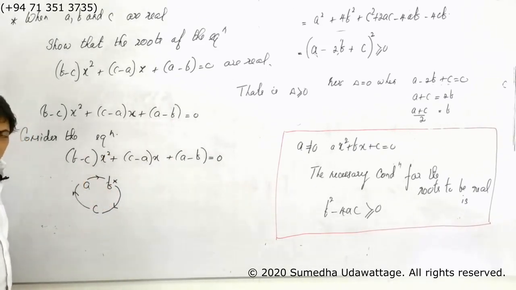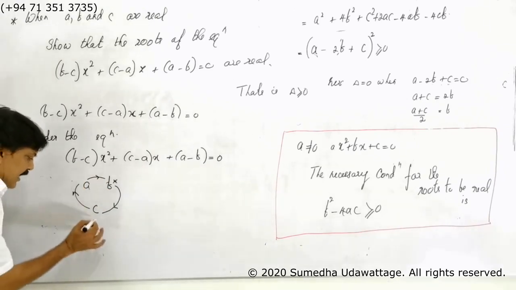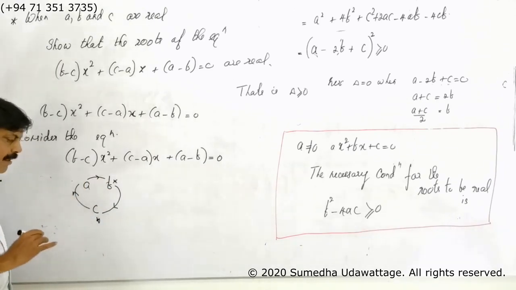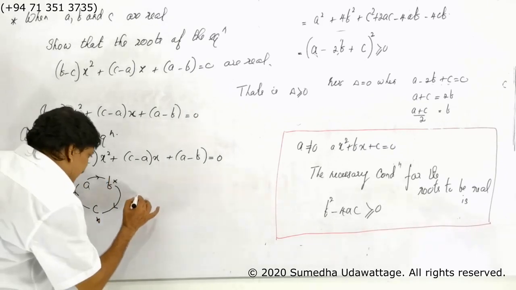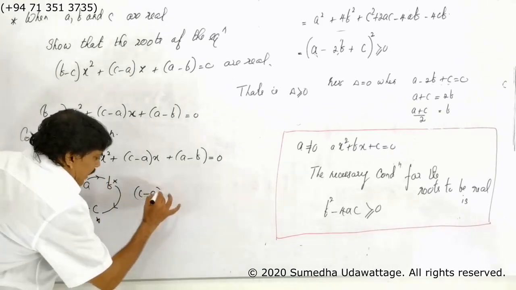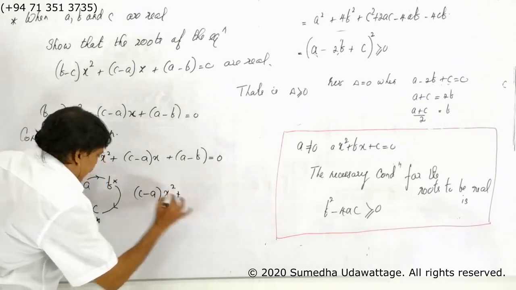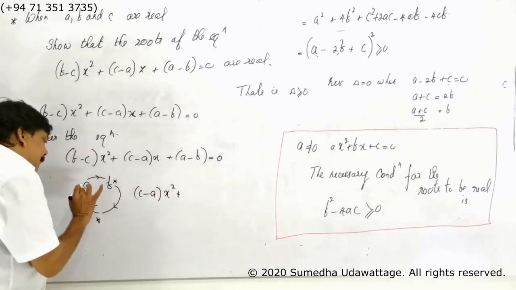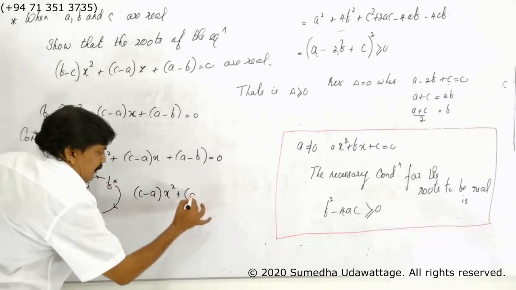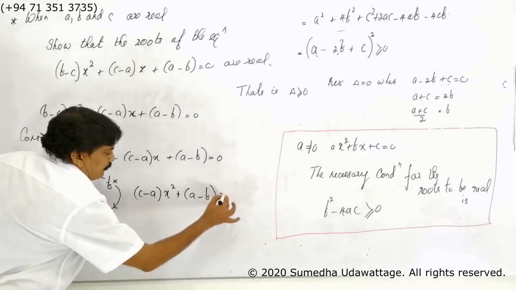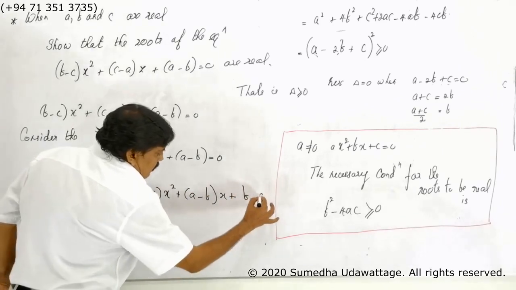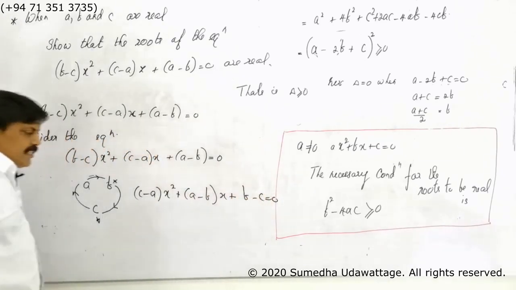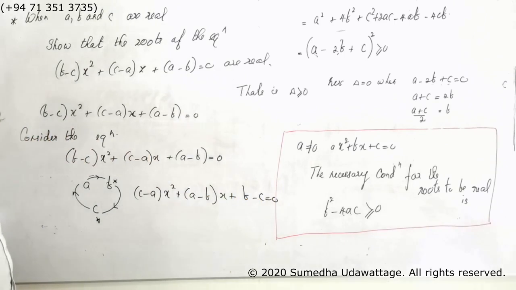You can rewrite the same question starting with this value. Right underneath, we can rewrite the same question starting from c, which will give (c minus a)x squared, then you get (a minus b)x, then b minus c. Totally the same question, but looks different.